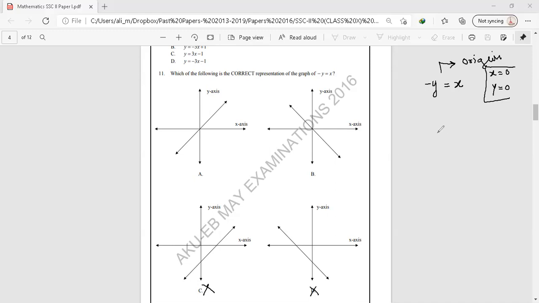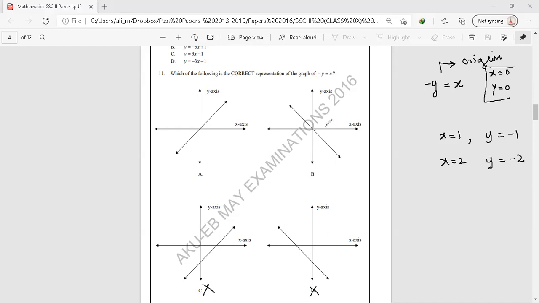Similarly, if we put x equals 1, y would be equal to minus 1. If we put x equals 2, y would be equal to minus 2. So for positive values of x, the values of y should be negative. So here we have the correct answer.